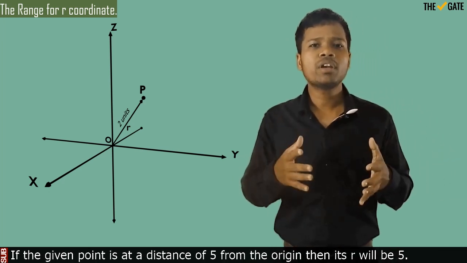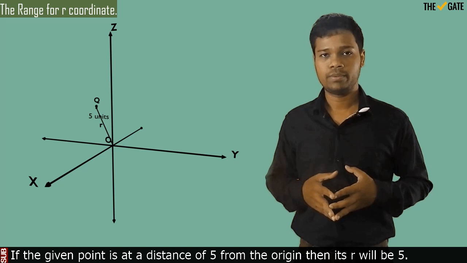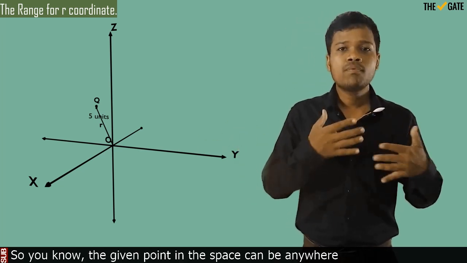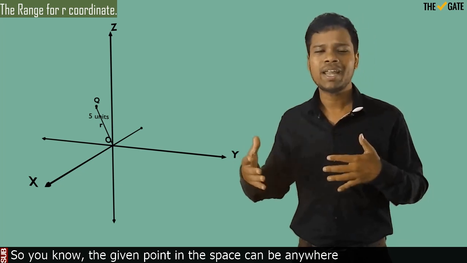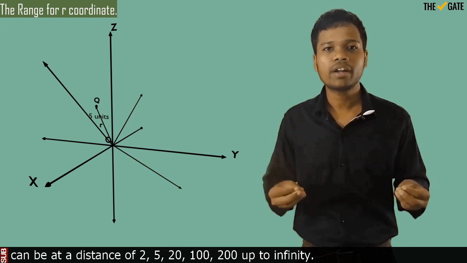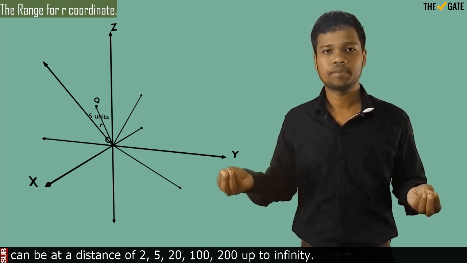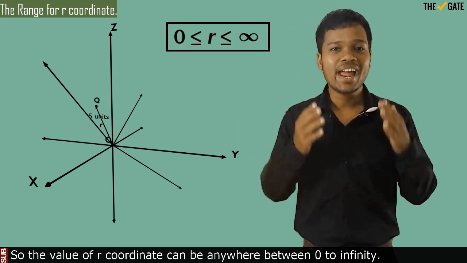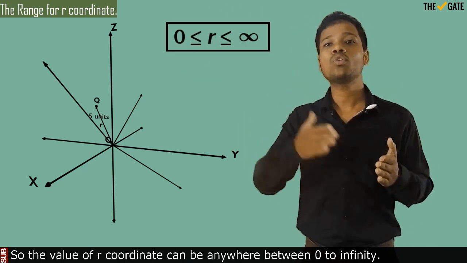If the given point is at a distance of 5 from the origin, then its r will be 5, like this. So the given point in the space can be anywhere. It can be at a distance of 2, 5, 10, 20, 100, 200, up to infinity. So the value of the r coordinate can be anywhere between 0 and infinity.